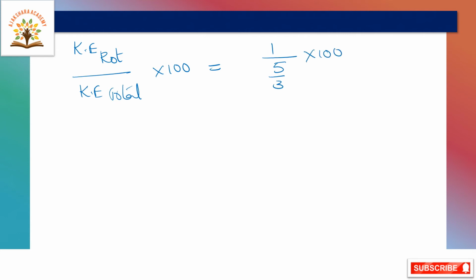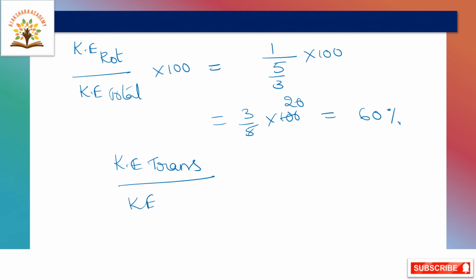Taking the reciprocal, we write 3 by 5 into 100, which is equal to 60%. Now translational kinetic energy by total kinetic energy into 100 is equal to 100 minus 60, that is 40%. Okay. Next we will go to the next question.